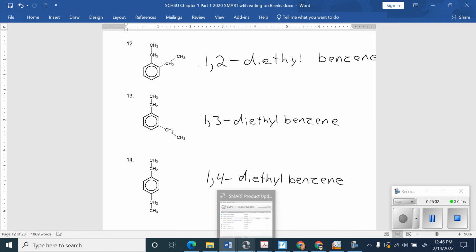And the reason I grouped these all together is because there's also another name for organic compounds that are on benzenes that are in the 1,2 position, the 1,3, and the 1,4. Right? And they are called ortho, meta, and para. So alternatively, this could also be called ortho-diethylbenzene.